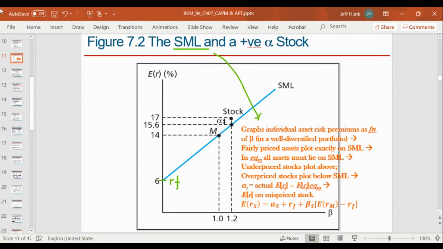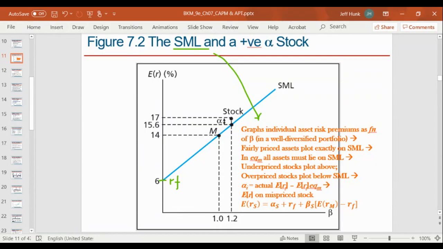There cannot be anything else. And at that point, expected return is 14. So then what does that tell you? The excess return is 8%, right?